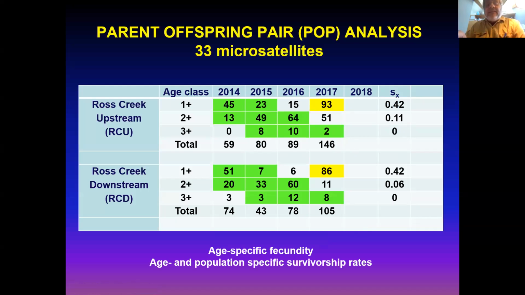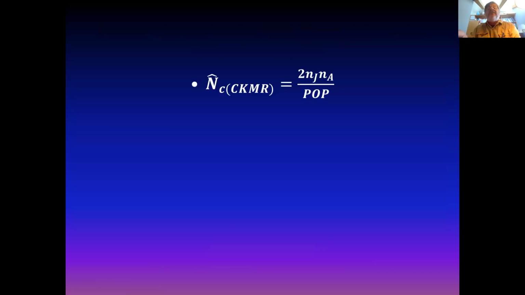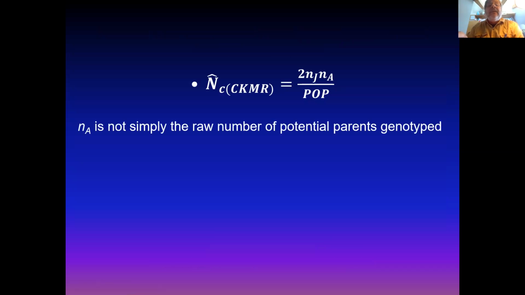So we did this for the different populations, and so we had age-specific fecundities and age and population-specific survivorship rates for these different populations. So we now are in a position to estimate population abundance using this CKMR approach.